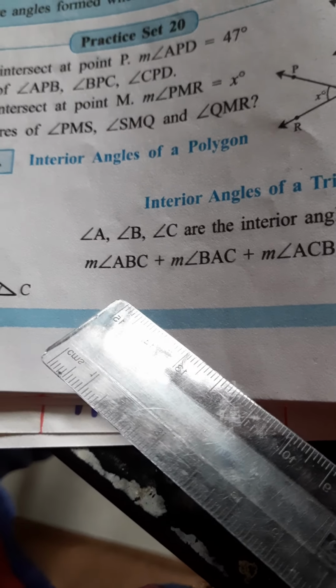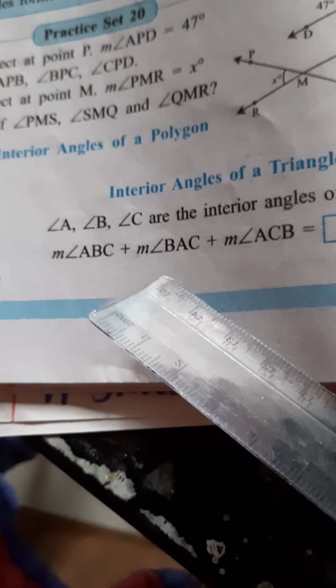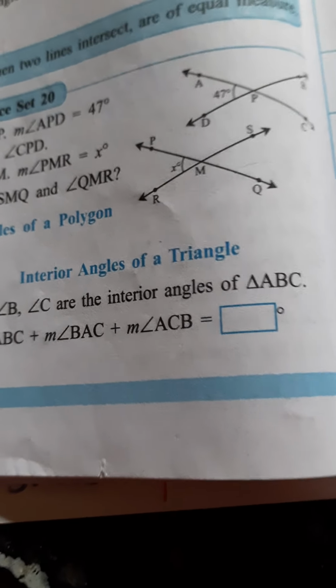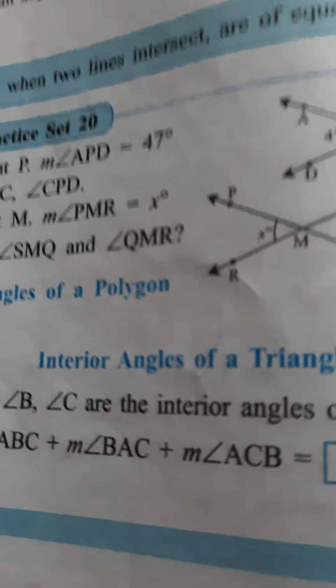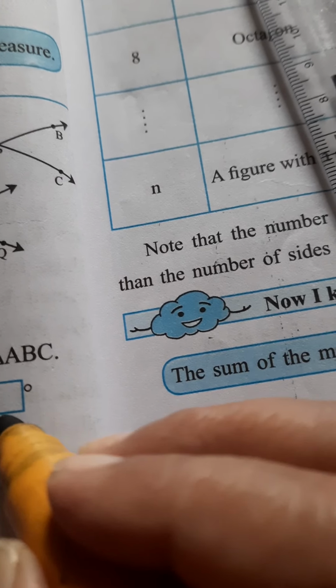That is, we have also read as measurement of ABC plus measurement of BAC plus measurement of ACB is equal to 180 degree.